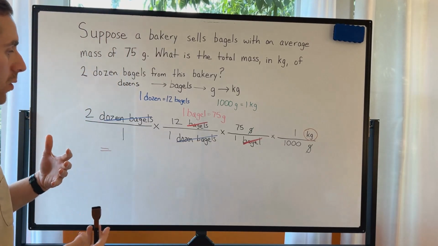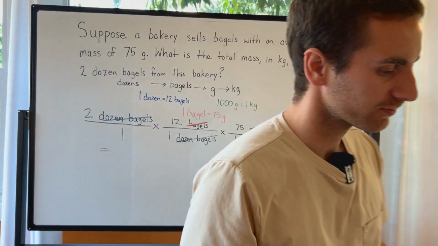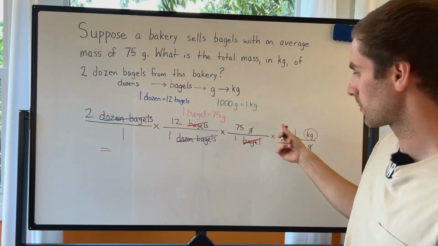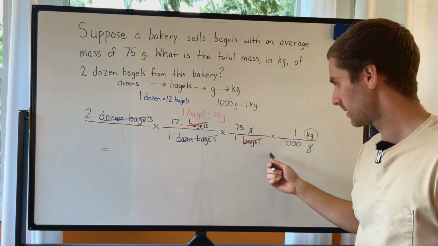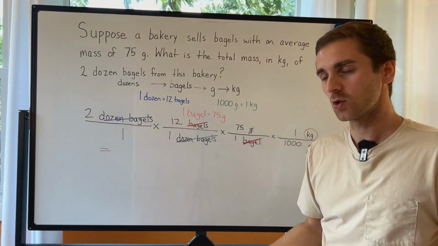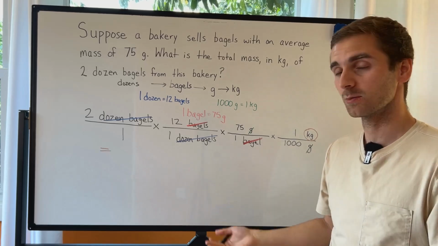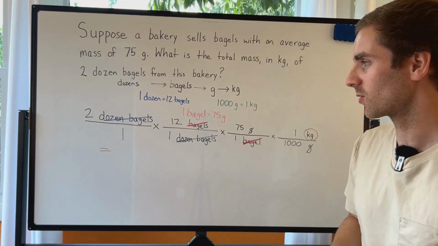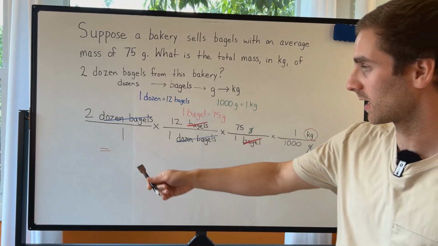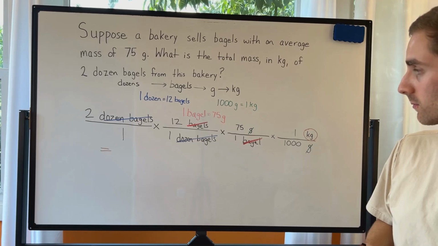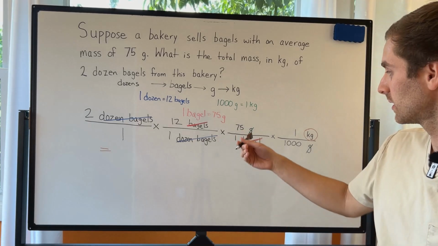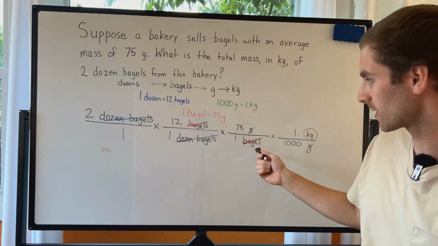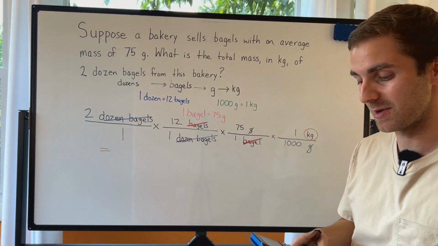And then, again, these are just fractions. So we're just going to look at the numbers, multiply by the numbers along the top, and divide by the numbers along the bottom. You can ignore any ones. You can include them if you want, but multiplying or dividing by 1 doesn't change anything. So we're going to have 2 times 12 times 75, and the only number that's not a 1 on the bottom is 1,000, so we're going to divide by 1,000.